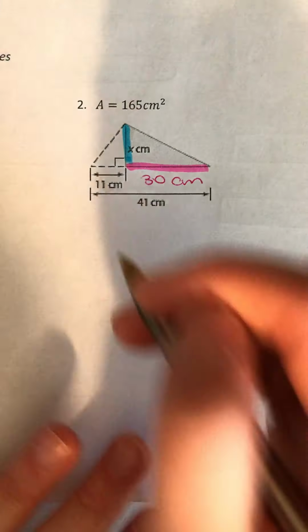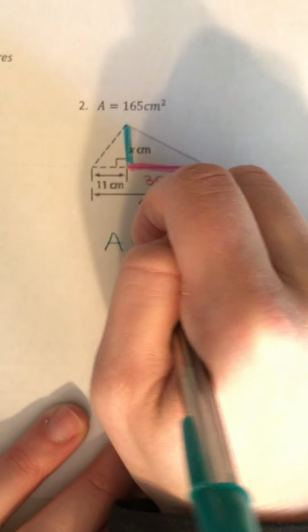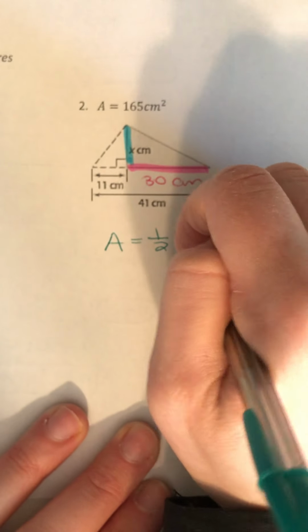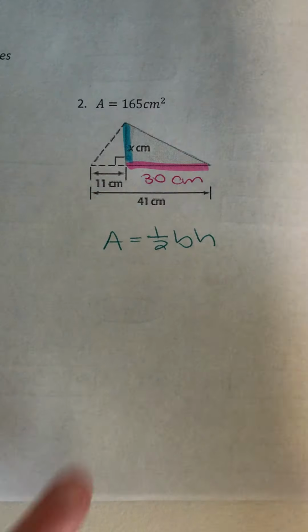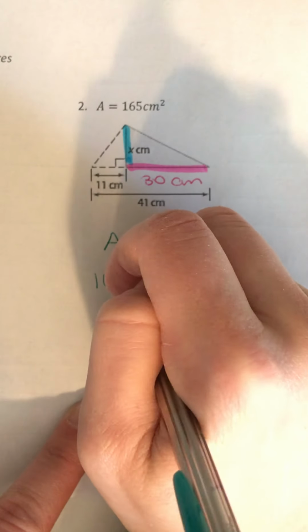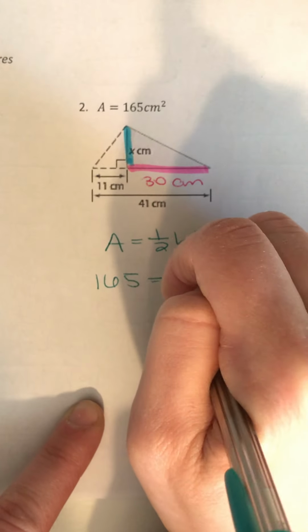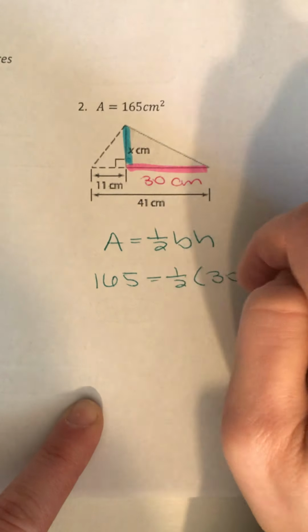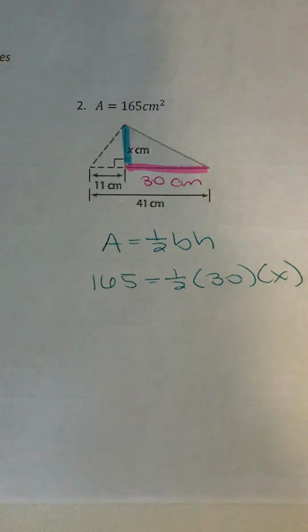So again, I like to write it out. Area equals 1/2 base times height. My area is 165. My base is 30. My height is x.